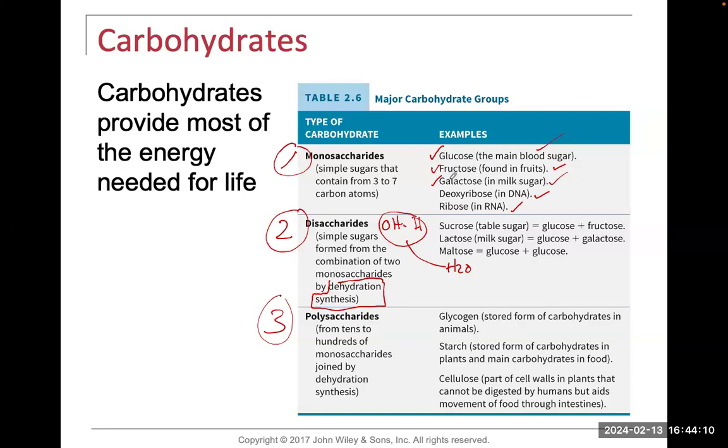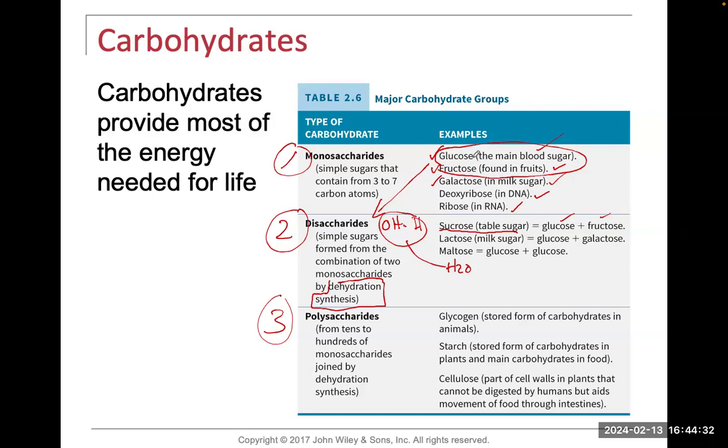Now, when we bring 2 monosaccharides together, we get disaccharides. So if we take a glucose and a fructose, these 2 monosaccharides, and bring them together, that's going to give you table sugar, sucrose.